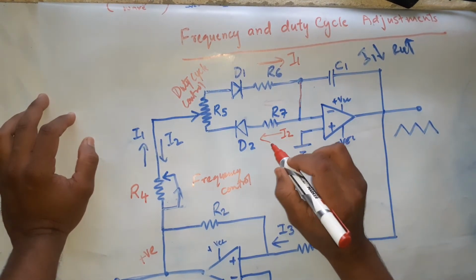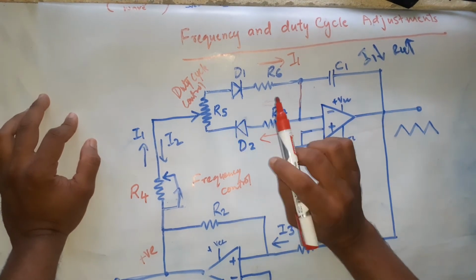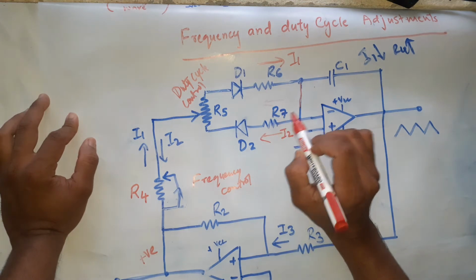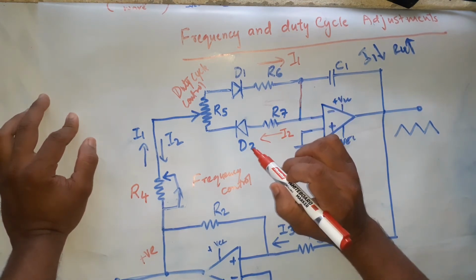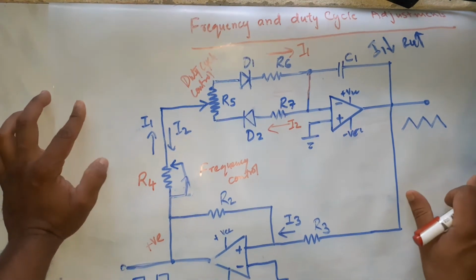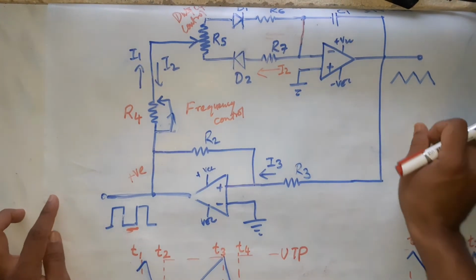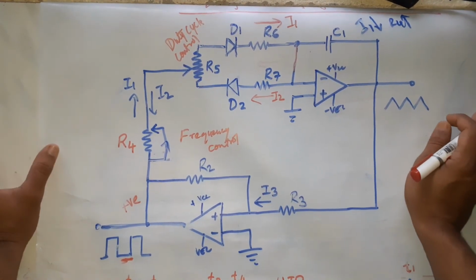So how does current I2 flow? C1, R7, D2 and R5, isn't it? Okay, so you understood how I1 and I2 are flowing, right?